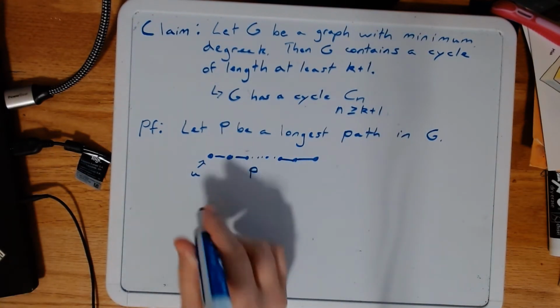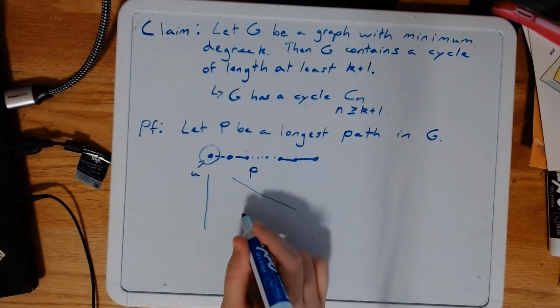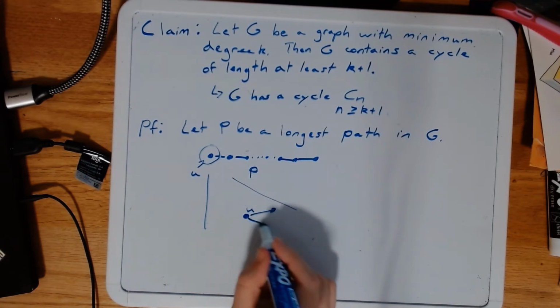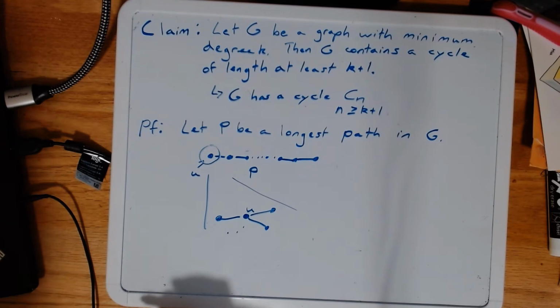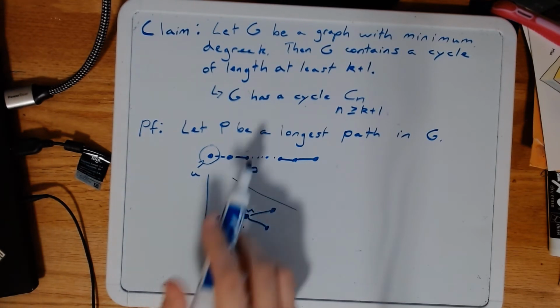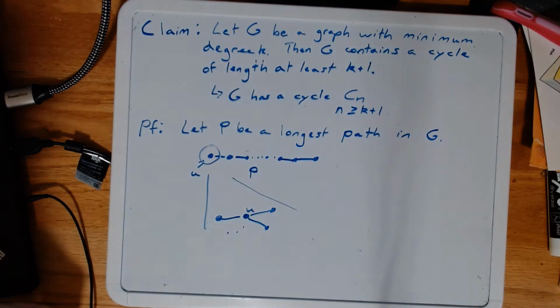Okay, so now we're going to turn all our attention to U. So here's U. It has some neighbors, right? Vertices that it's adjacent to. And we're assuming that every vertex has degree at least k, right?